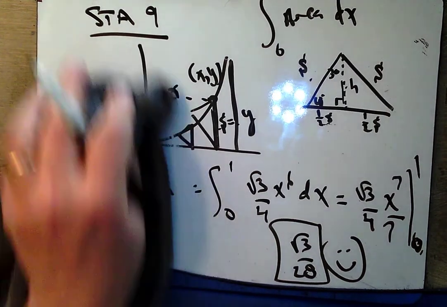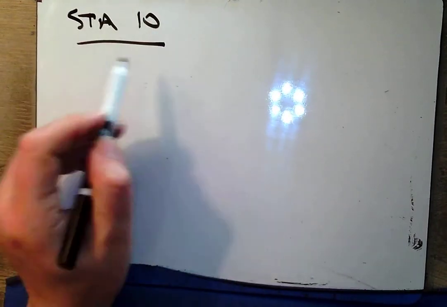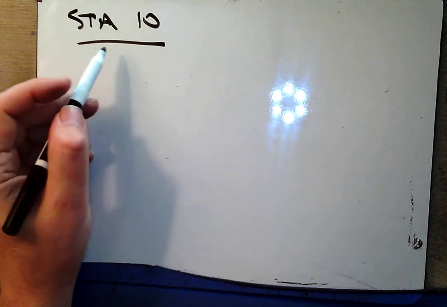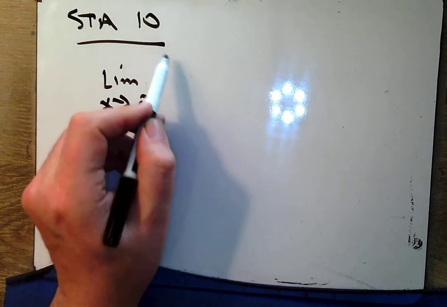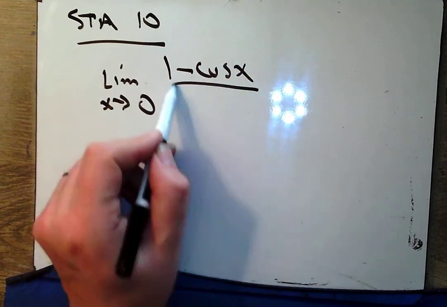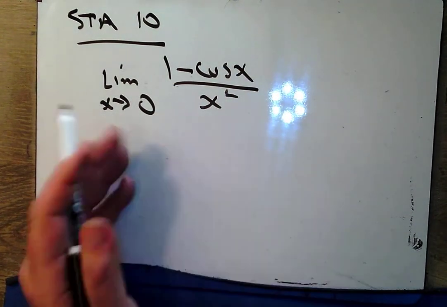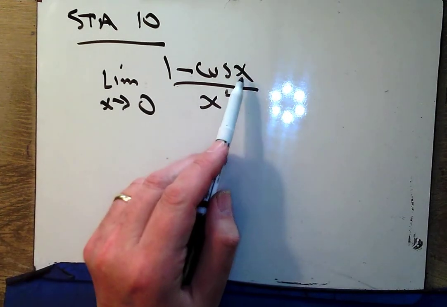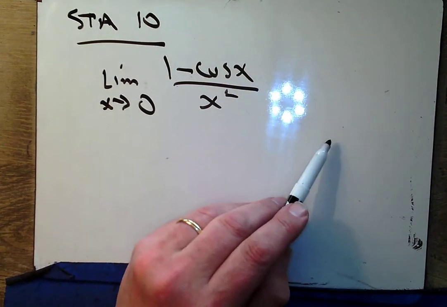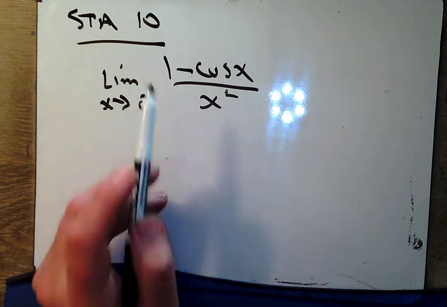Station 10. Evaluate limits. Okay, we've got the limit as x heads to 0 of (1 minus cosine x) over x squared. Okay, try the direct substitution first. Cosine of 0 is 1, 1 minus 1 is 0, and I have 0 on the bottom.